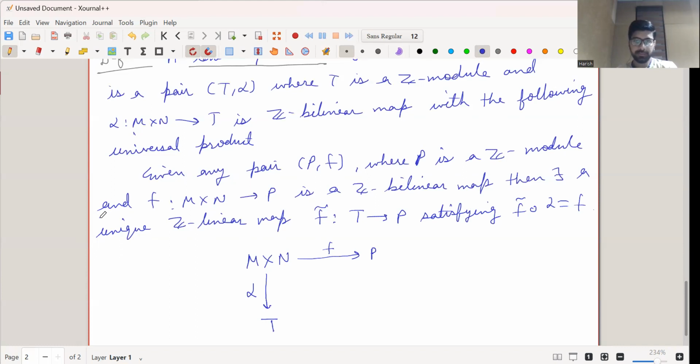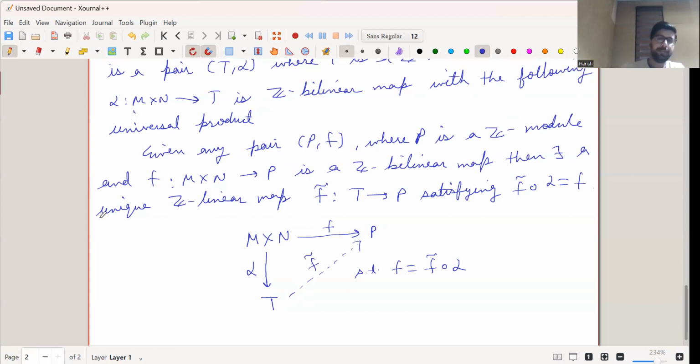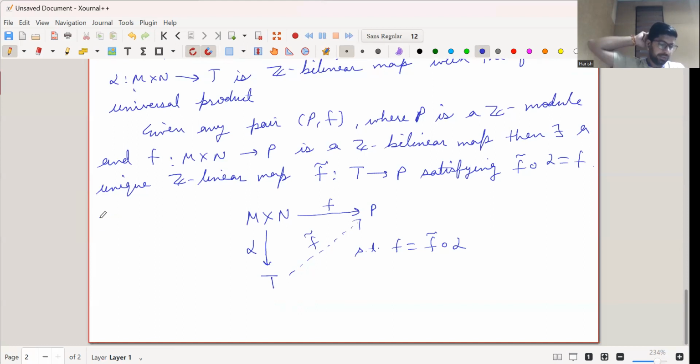So every such f induces a unique Z linear map from T to P, such that f is f delta compose alpha. So you go from here to here or from here, the diagram will give you the same thing. So this diagram is commutative.